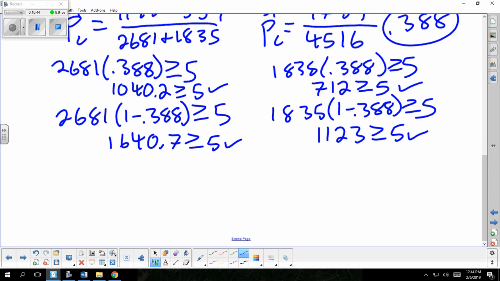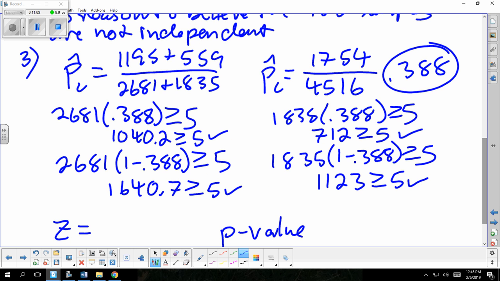So now it's up to finding our test statistic and p-value, and we're going to use our calculator for this. We want to see if we can reject or fail to reject at the 5% significance level. In our calculator, we're going to do a 2-prop z-test, and we're going to see if 1195 over 2681 is greater than 559 over 1835.